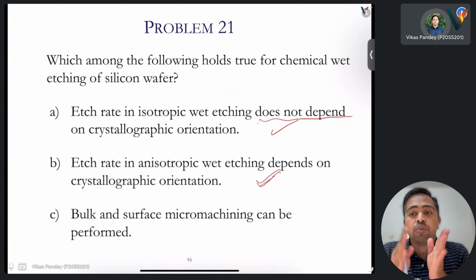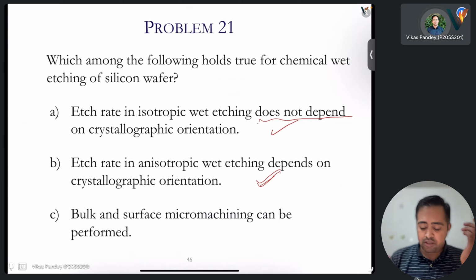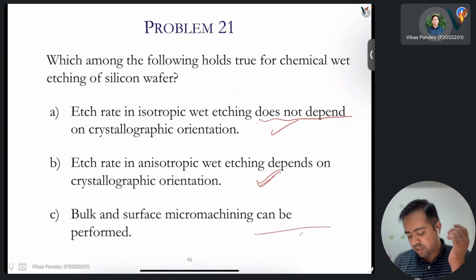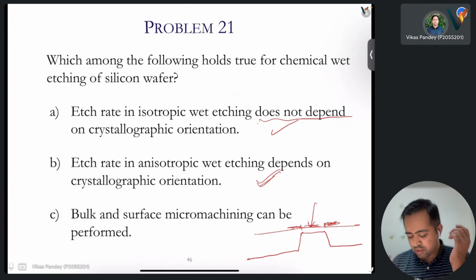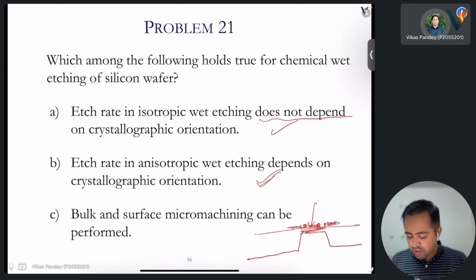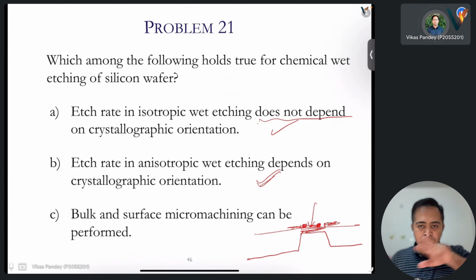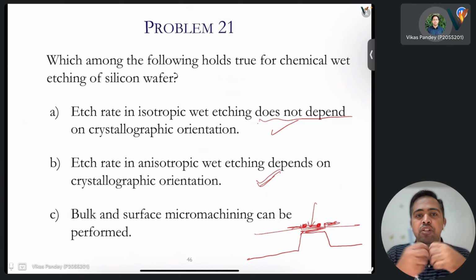Whereas when we want to create high aspect ratio things, cantilevers, or a diaphragm-like structure, suppose we want to make a pressure sensor, we will put the electrodes on top, but from the bottom we will etch it like this, so that when some pressure occurs here, this whole structure moves, there will be some bending, and that bending can easily be detected on the surface electrodes, because their shape will change.